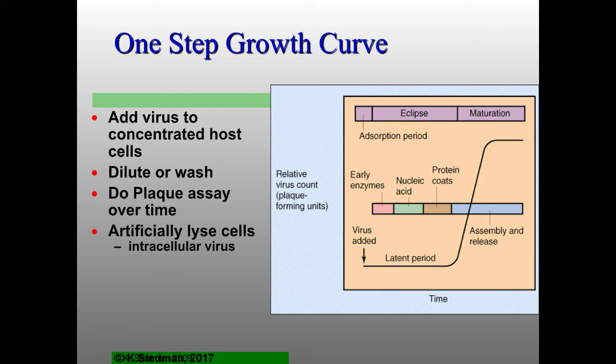So the idea here is that you have this next step. And if you're going to do dilutions, one of the main things is that once you've done that infection, you want to make sure there are no free viruses around because they're going to mess up the rest of your experiment. Free virions, I should say. You don't have any more of the free virions around. So you're concentrated. If you do that dilution, then those virions have no chance to find more of the cells.